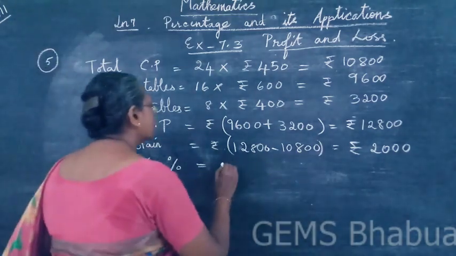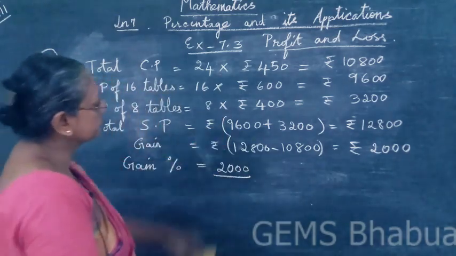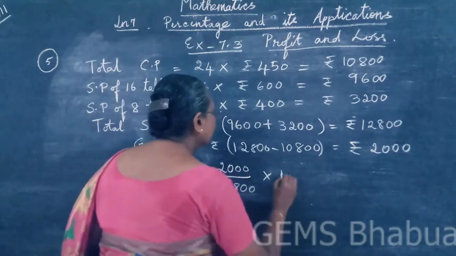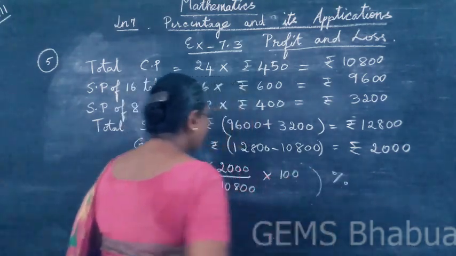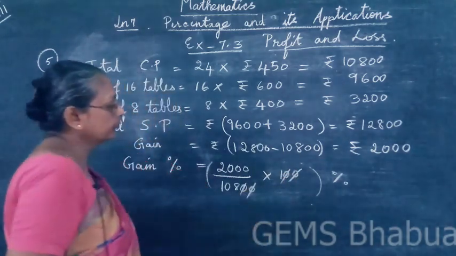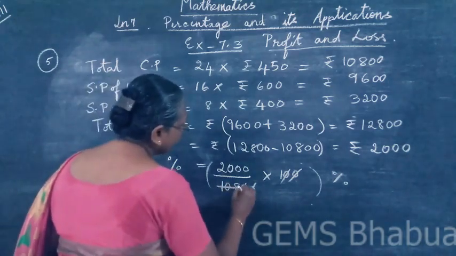So, what is the gain? 2,000. Gain by CP, just CP, 10,800 into 100%. So, when you try to reduce, these 0s we can cut off, and then we can reduce using the 4 table.